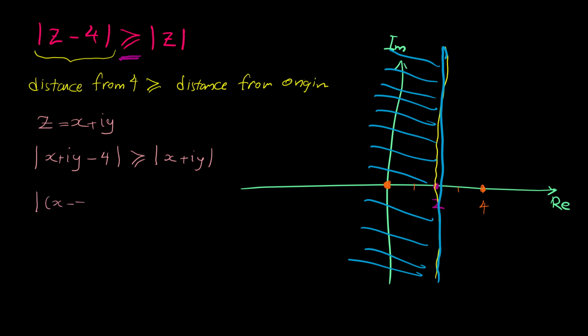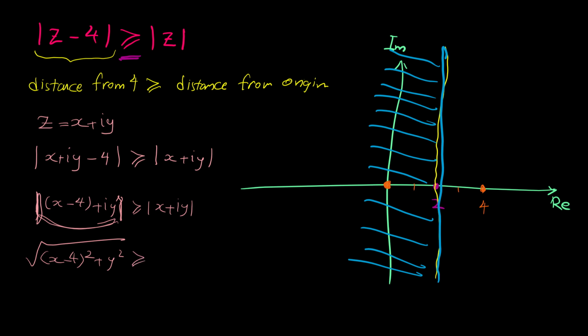Before that, let me write the real part together, x minus 4 plus iy, and the other side, the same. Now use the definition of modulus. The modulus of this complex number here is the square root of (x minus 4) to the 2 plus y to the 2. And for the other side, we have the square root of x to the 2 plus y to the 2. Raise both sides to the power of 2 to get rid of these radicals. Then we have (x minus 4) to the 2 plus y to the 2 greater than or equal to x to the 2 plus y to the 2.